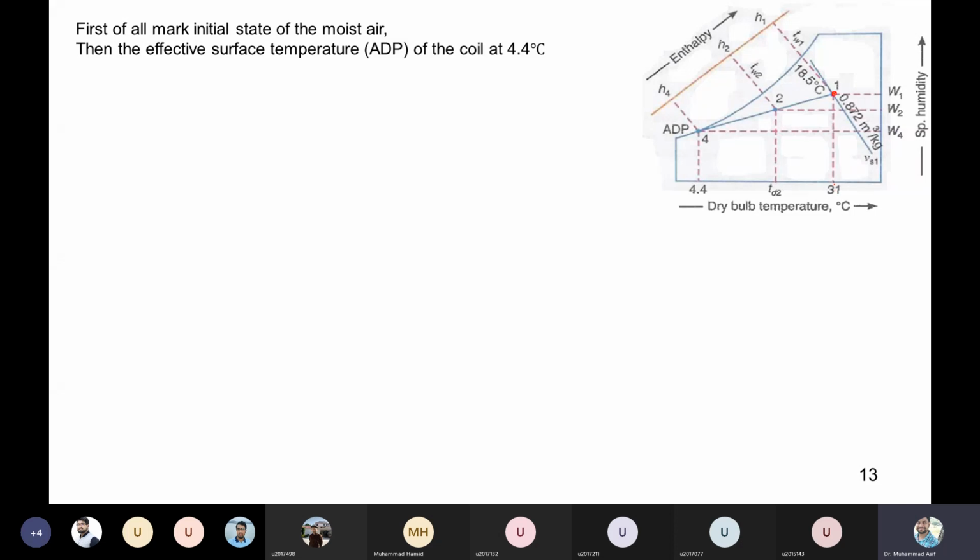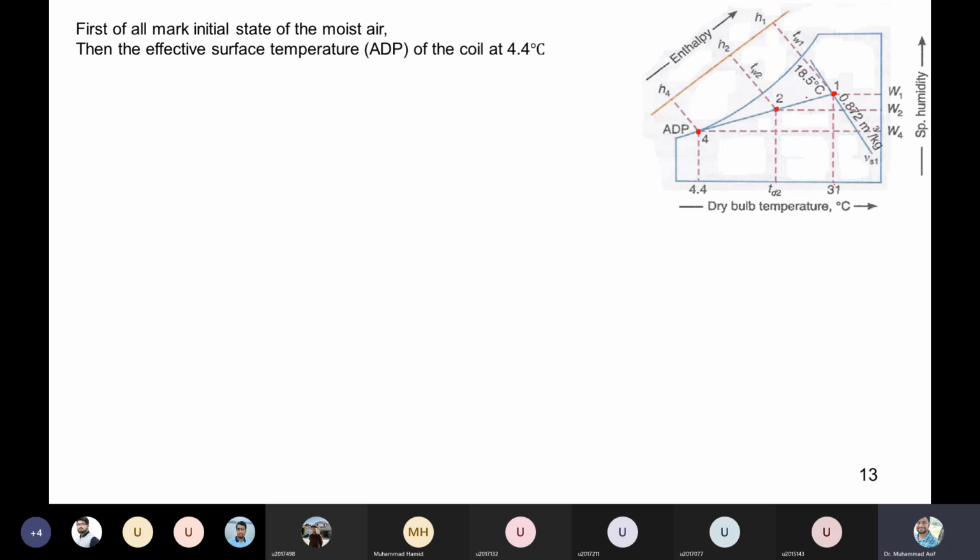The next point is the apparatus dew point, which is given as the effective surface temperature of the coil, 4.4 degrees C. That's also called the ADP. The condition after the coil will always lie in between those, but we don't know that point. Where is this point 2 lying?